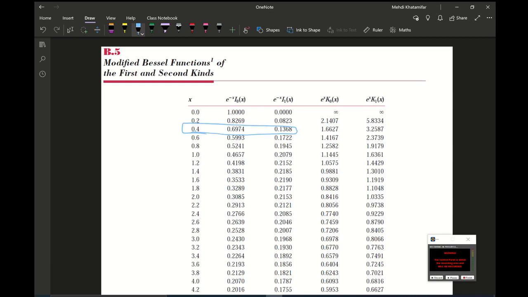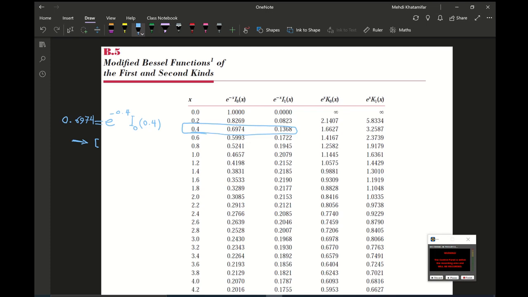So let's see, e to the power minus 0.4 times the Bessel function of 0.4 is going to be 0.6974.